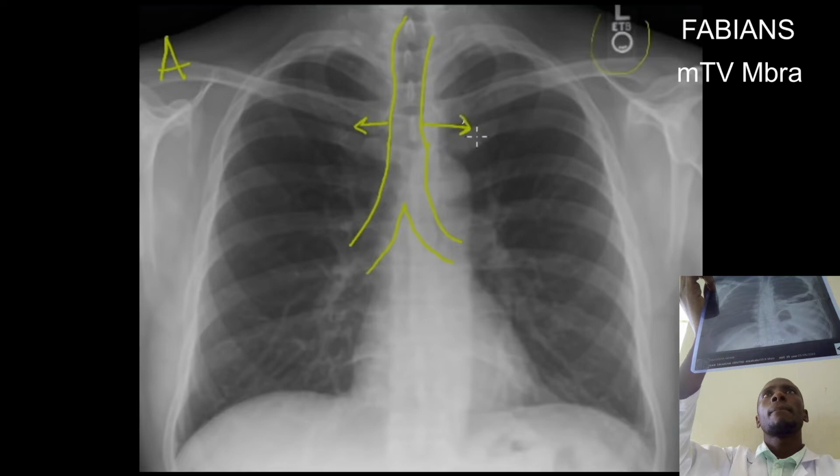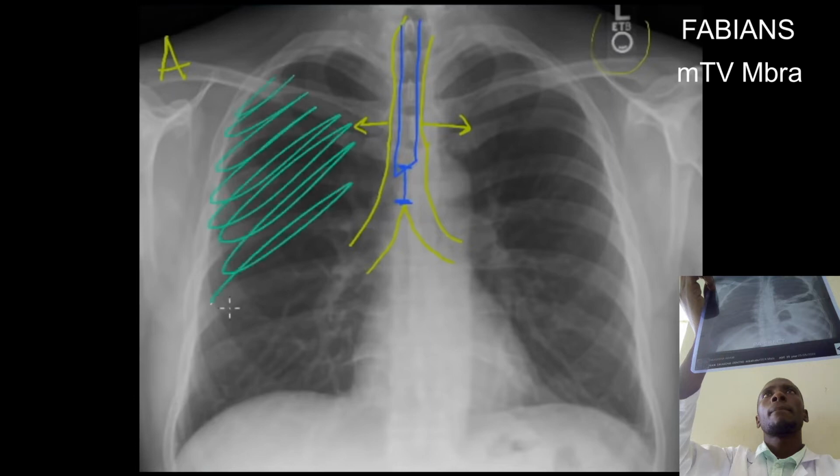Looking at the trachea is important because you can tell whether it is shifted to one side or the other, for example in patients with pleural effusion, or anything that is pushing or pulling the trachea. You can tell the trachea is not symmetrical.